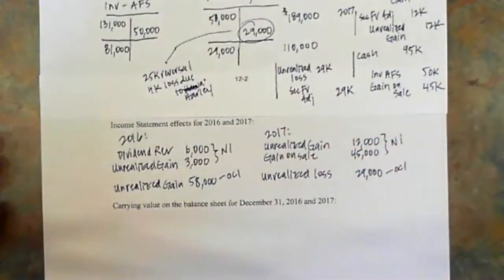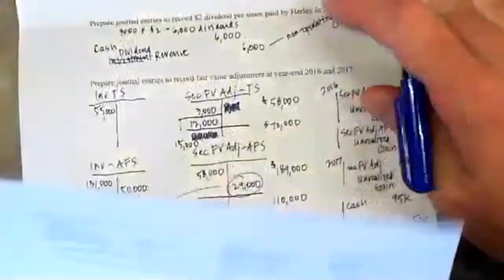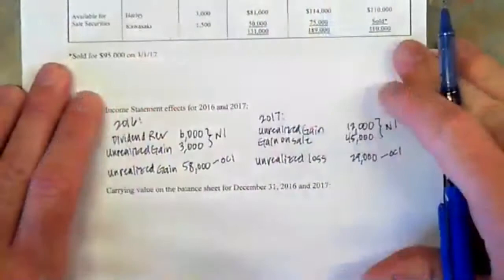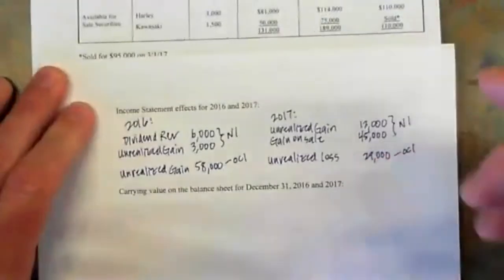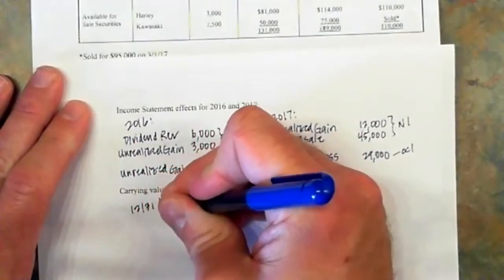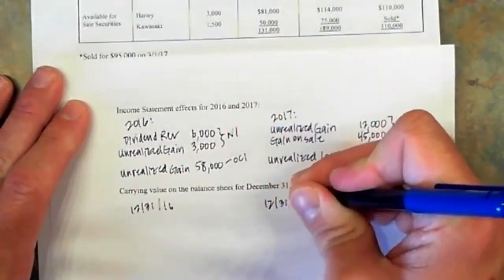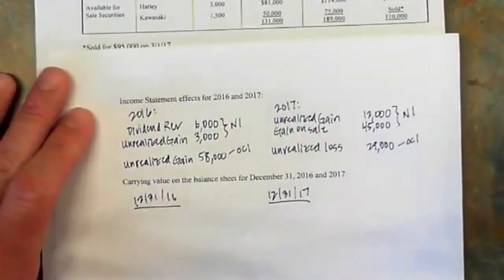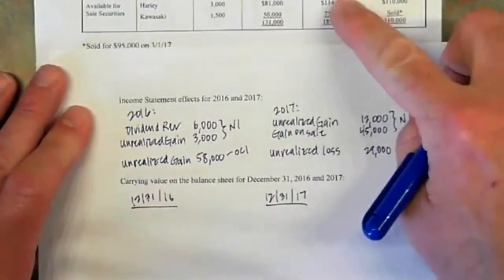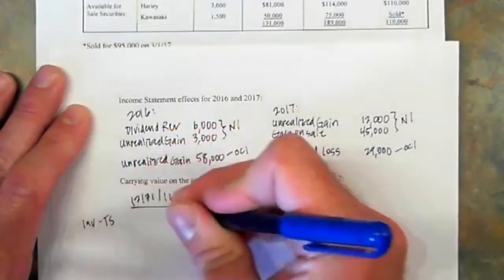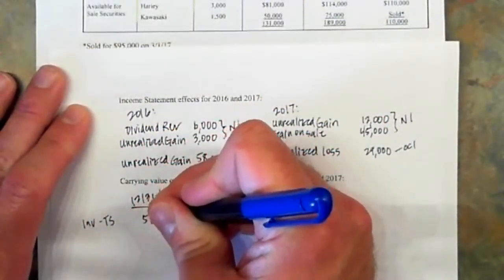And what are the carrying values on the balance sheet? That is the easiest question of all time, especially for an equity or any trading and available for sale security on 12/31/16 and 12/31/17. On 12/31/16, we would have a TS account of 58,000.